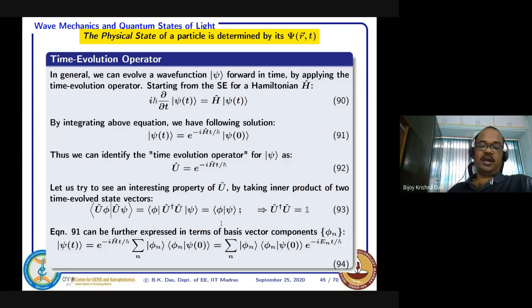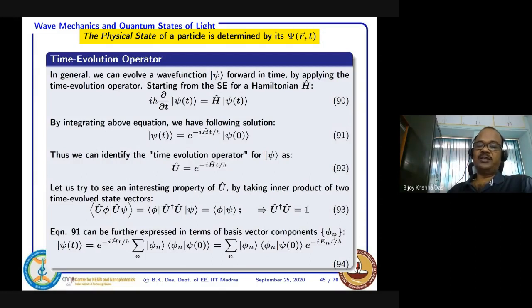Okay, so now equation 91, you just work a little bit on it. This is what you have, the time evolution operator and psi 0. Now if I expand psi 0 in basis vectors, we have defined the basis vectors in a vector space, phi n. Sometimes people use some kind of I, because this is just a vector component of orthogonal basis vectors, but we are consistently using phi n as basis vectors.